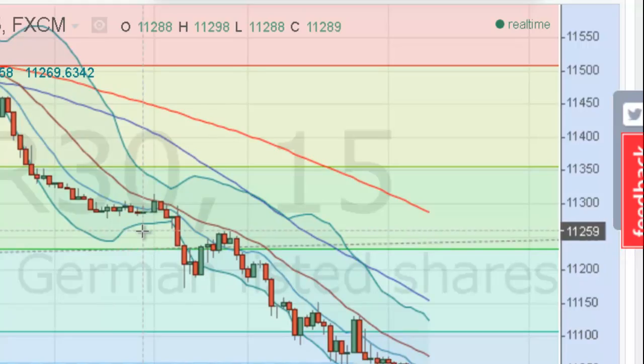So then I could be betting, okay, I think since we're in a downtrend, the market's going to fall back down to this level. At least it's going to test that.